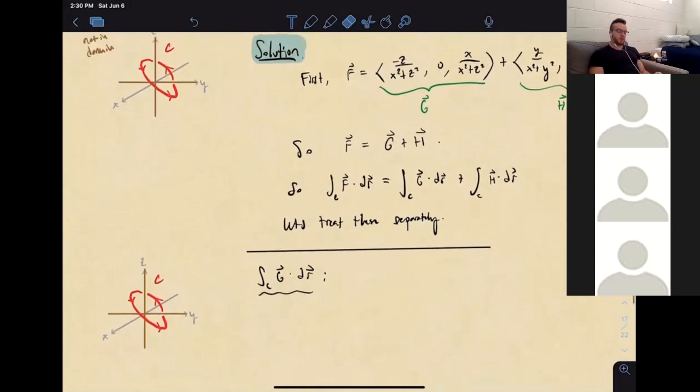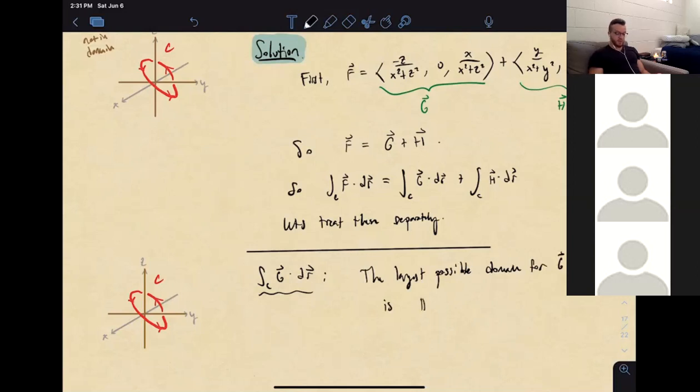What is the largest possible domain for G? Yes, everything but when x and z are both 0, which is the y-axis.